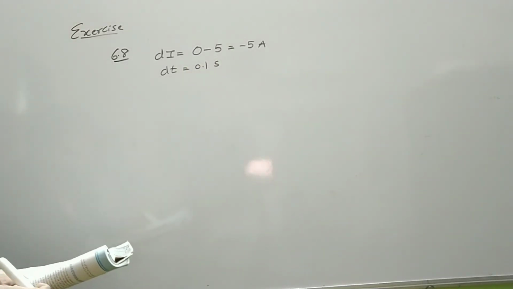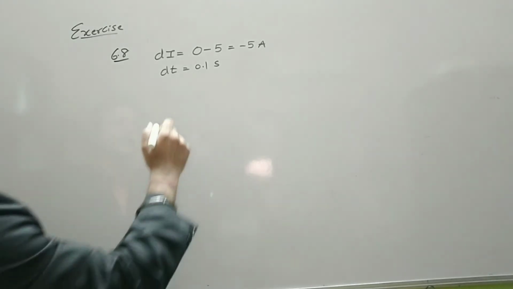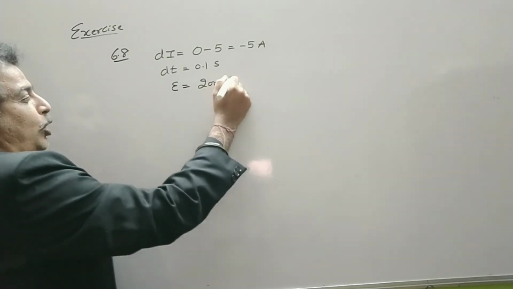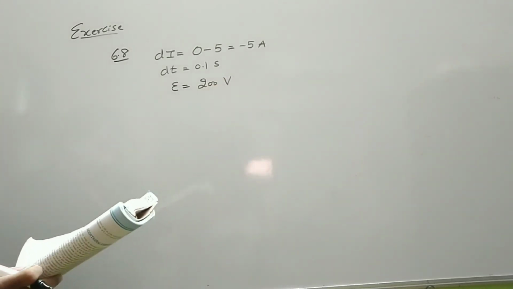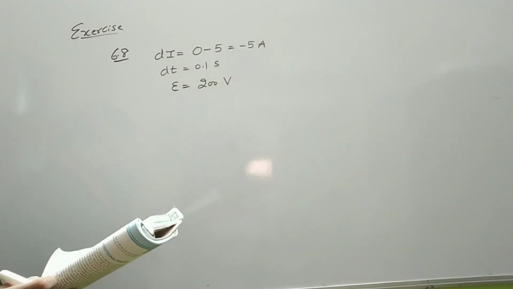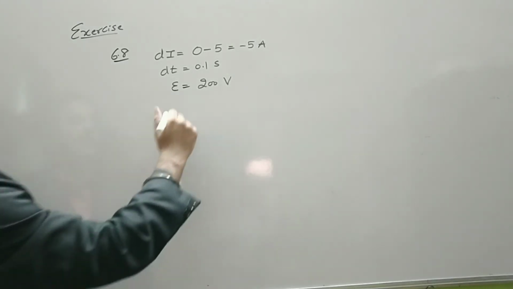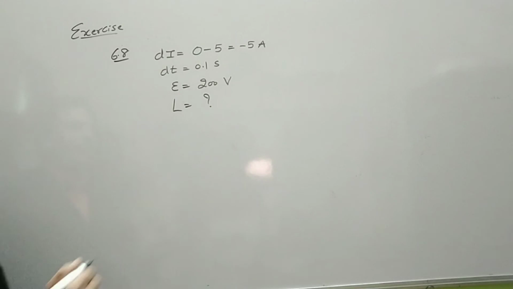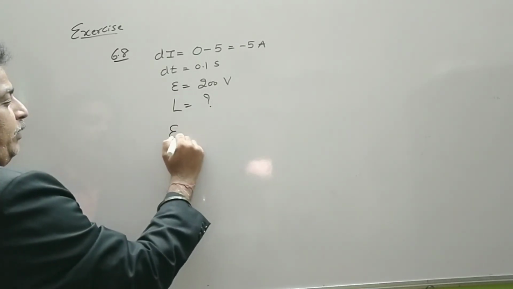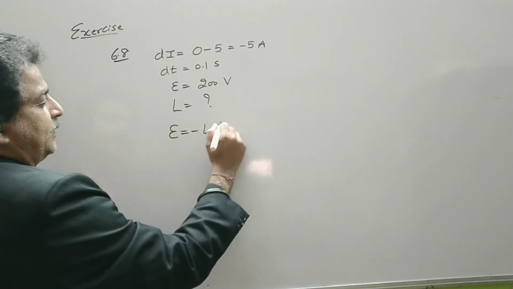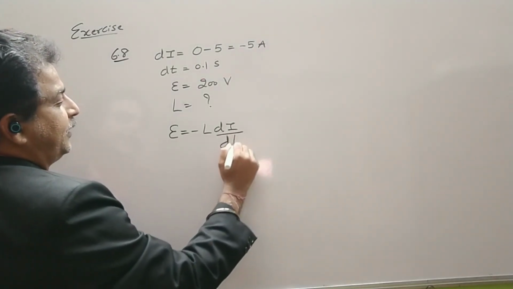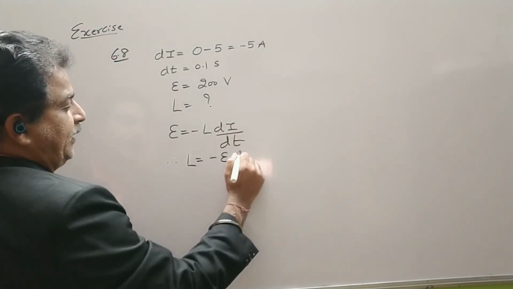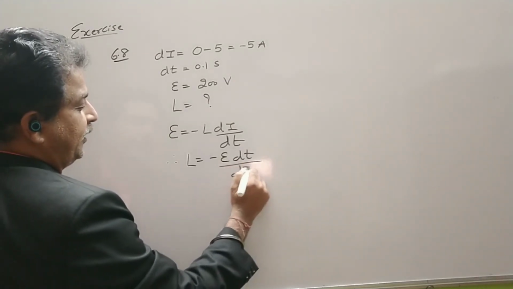Now if an average EMF of 200 volt is induced, so EMF induced is equal to 200 volt. Then find the self-inductance of the circuit. We have to find out the L. So the direct formula for EMF induced is equal to minus L di by dt, and therefore L is equal to minus E dt upon di.